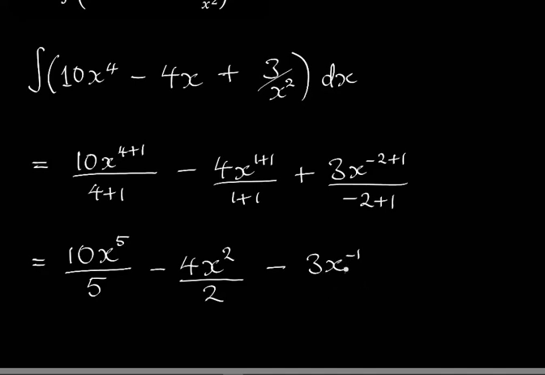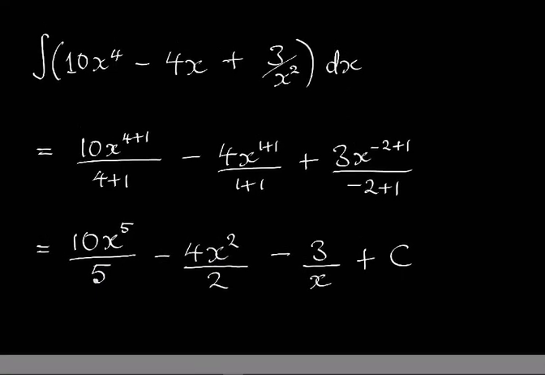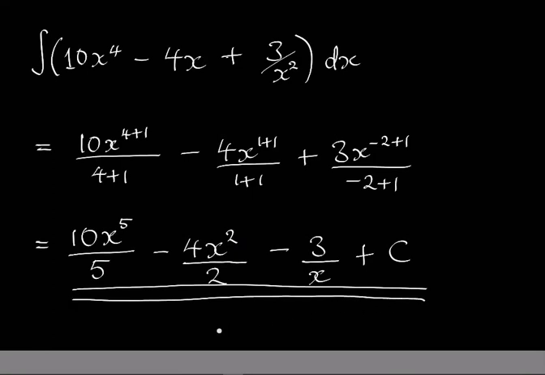And actually, we could write this in the form that it was given to us. We would say 3 over x, then plus c. This is going to be our final solution. But wait, I think we can simplify, right?